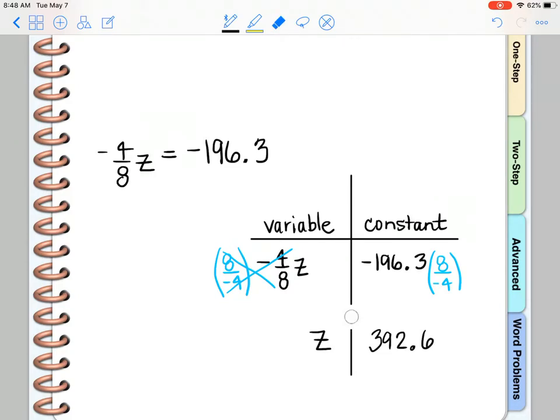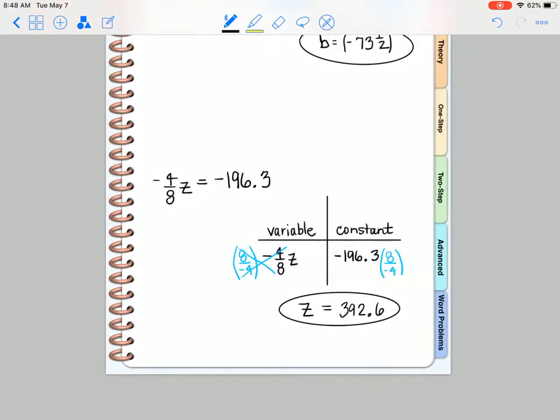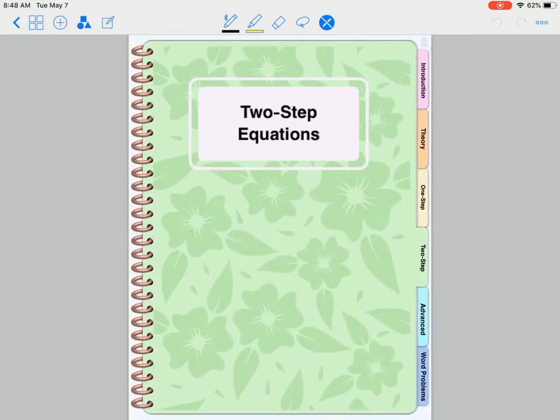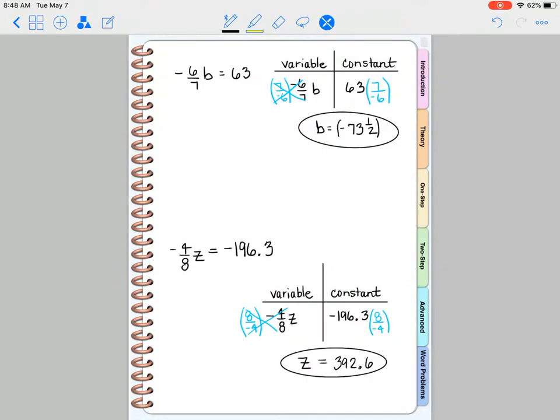So we get a decimal answer this time. That's okay. And that equation is solved. We have also completed the section on one-step equations. If I roll on over to the next page, you see that we're up to 2 steps. So we have finished the one-step module.